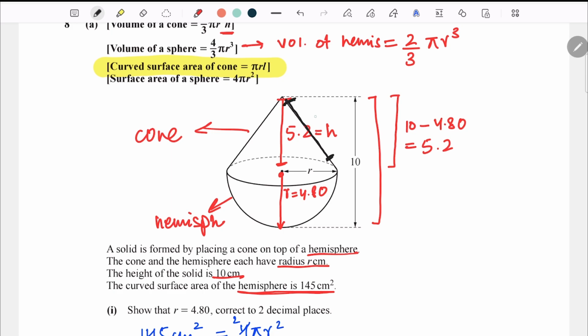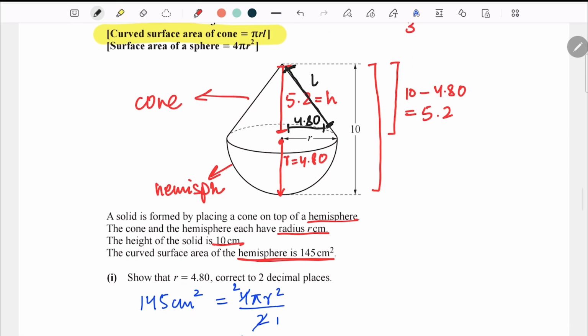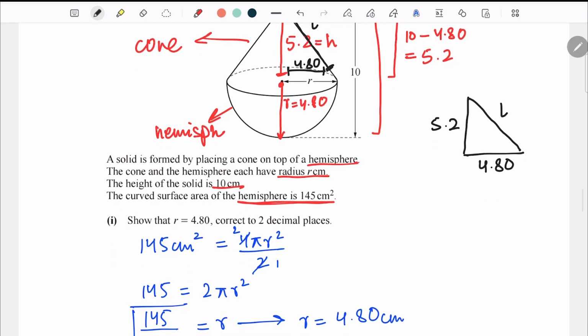This part will be the length, and this is 4.80. So I'll draw this triangle here. This part is L. This is height, that is 5.2, and this is the radius, that is 4.80. So length is basically hypotenuse. L is equal to square root 5.2 square plus 4.8 square, and that is equal to L is 7.07 centimeters. I'll take this down.